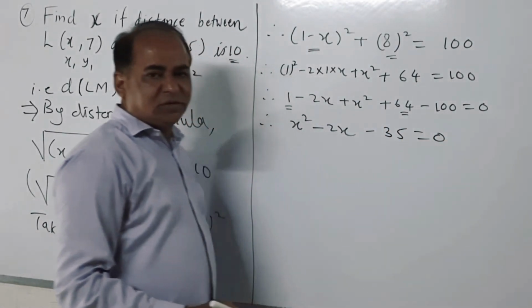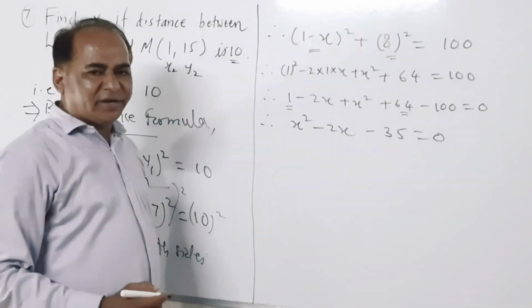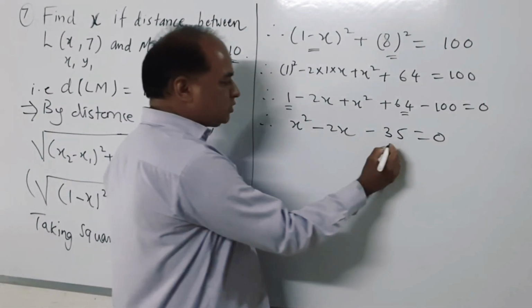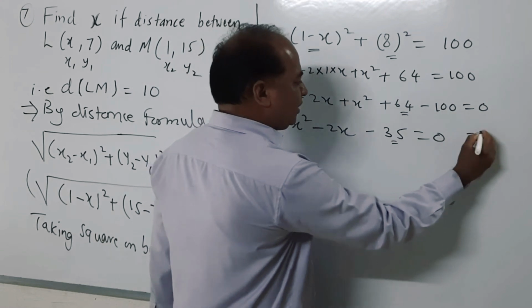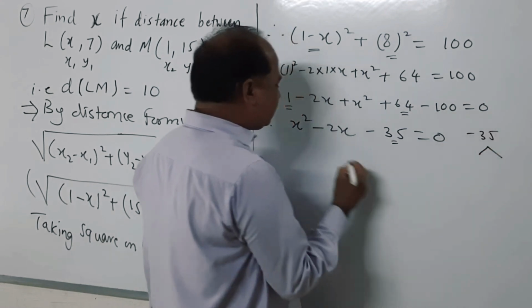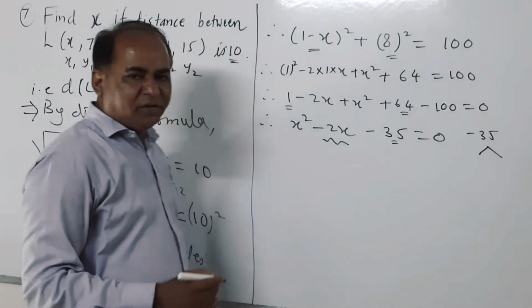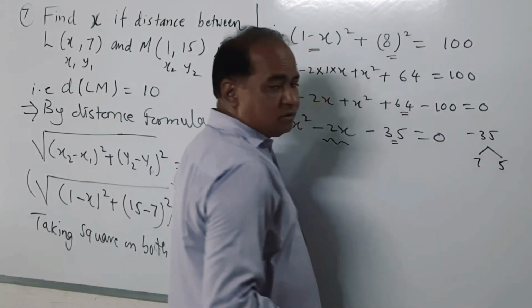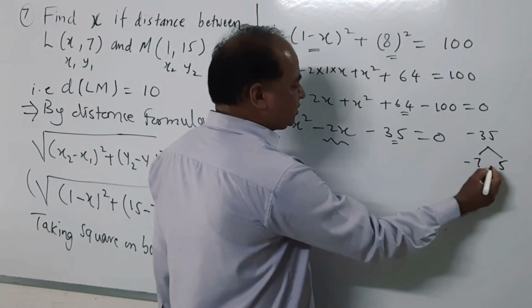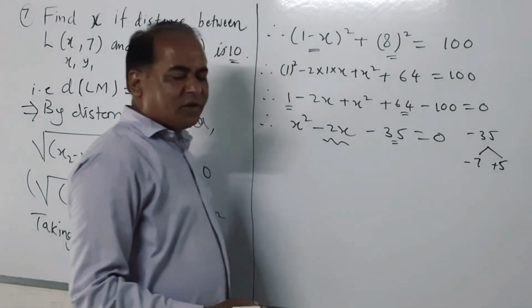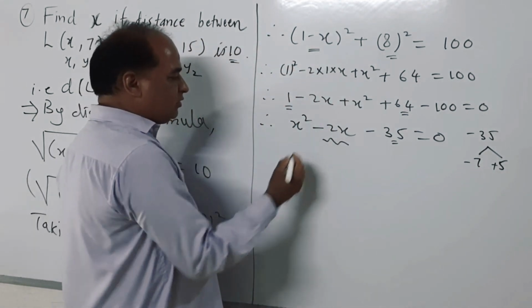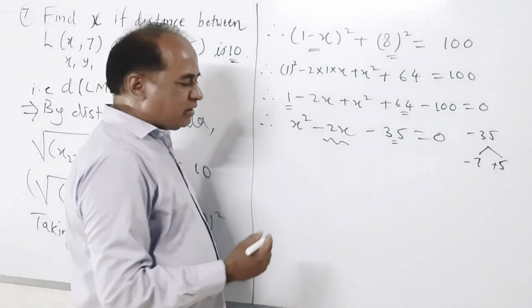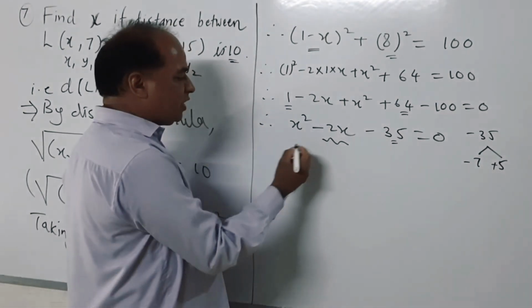Now this is the quadratic equation. So factors of minus 35, such that the middle term should be minus 2x: 7 fives are 35, minus 7 and plus 5 are the factors, so that we get the middle term as minus 2, since minus 7 plus 5 is minus 2.